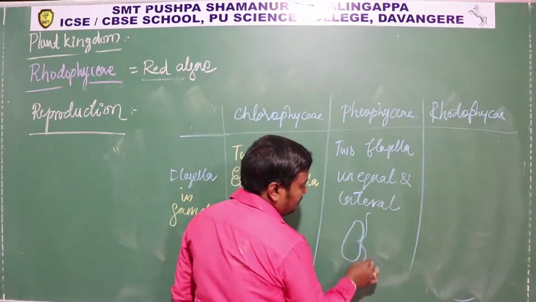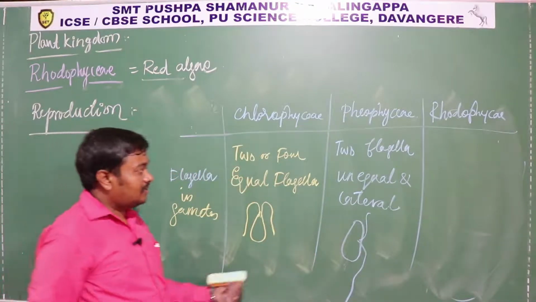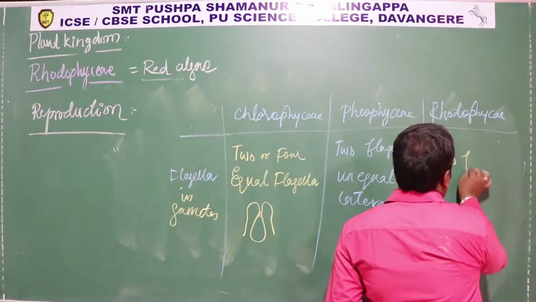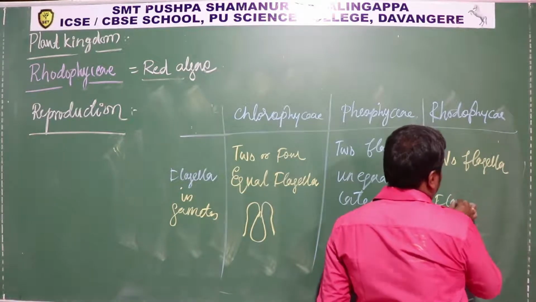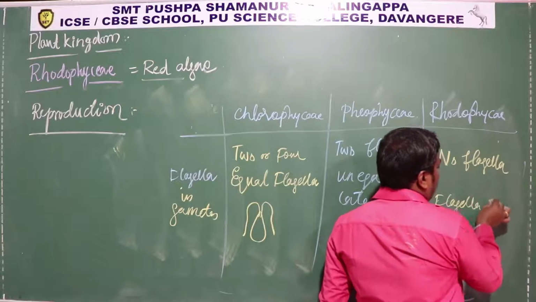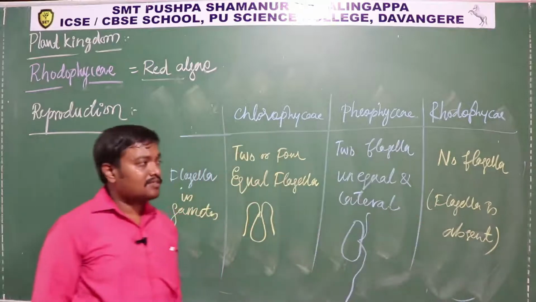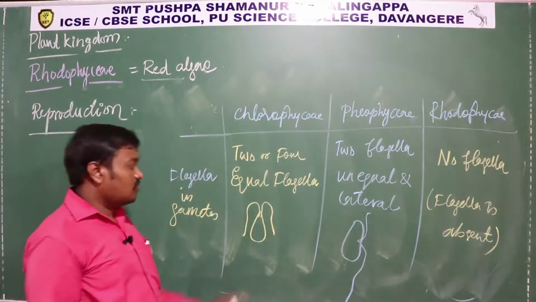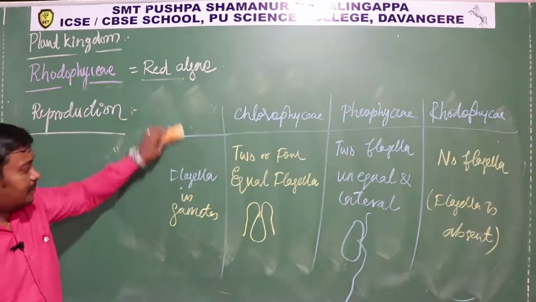One is bigger and the other is smaller. Then in rhodophyceae, no flagella. Flagella is absent. So you should remember this. This is the important point. In chlorophyceae there are 2 flagella, in phaeophyceae 2 flagella but unequal, in chlorophyceae equal, and in rhodophyceae no flagella at all. Okay, so this is an important point.